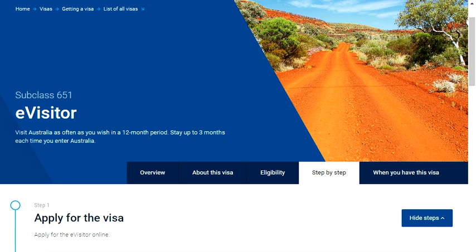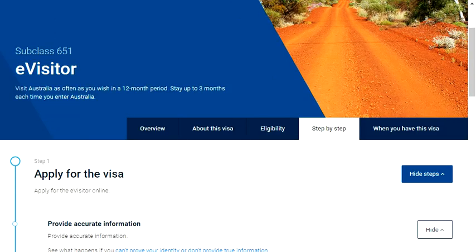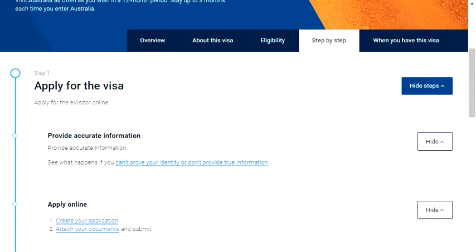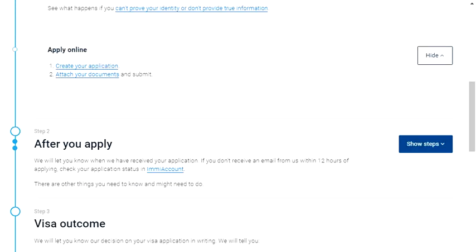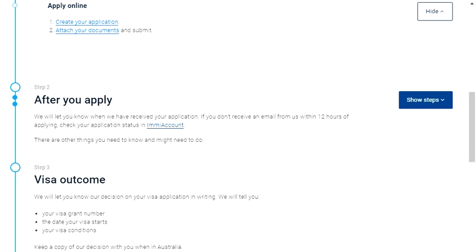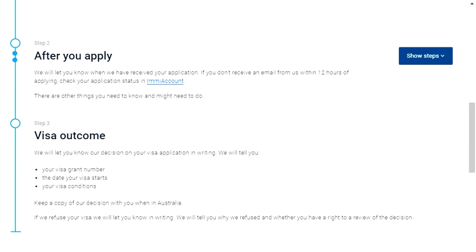Now let's go through the process, because this is an eVisitor visa process. So the word e itself says it's going to be an online process. You can apply for this online, provide information using your account, attach documents and submit. After you apply, you're going to be notified.